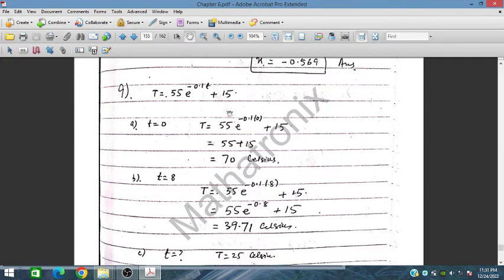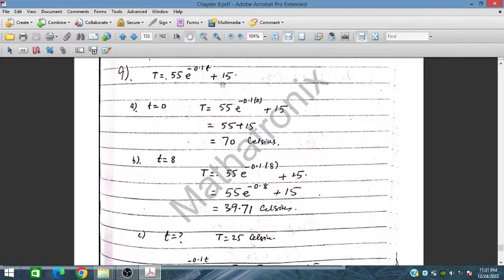So at T is equal to 0, this is small t times 0, this is 70 Celsius, and at T is equal to 8, it will be a very small value, so this becomes much smaller, so finally the temperature would be much lower.